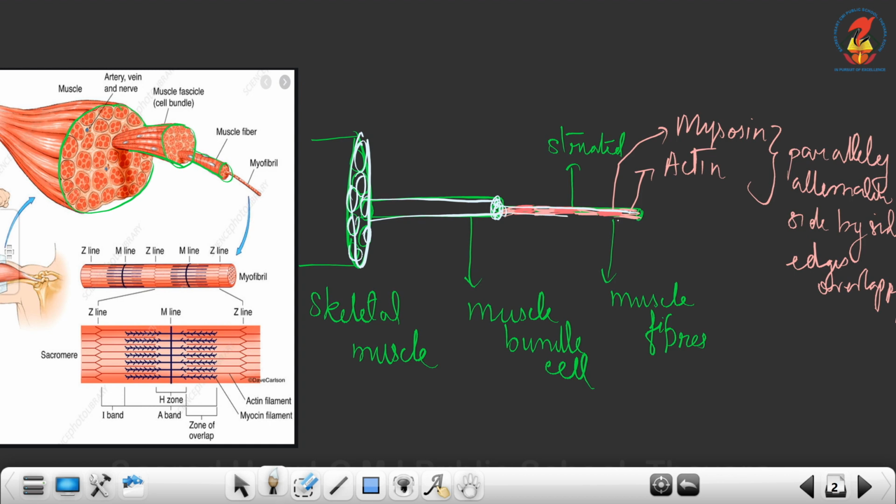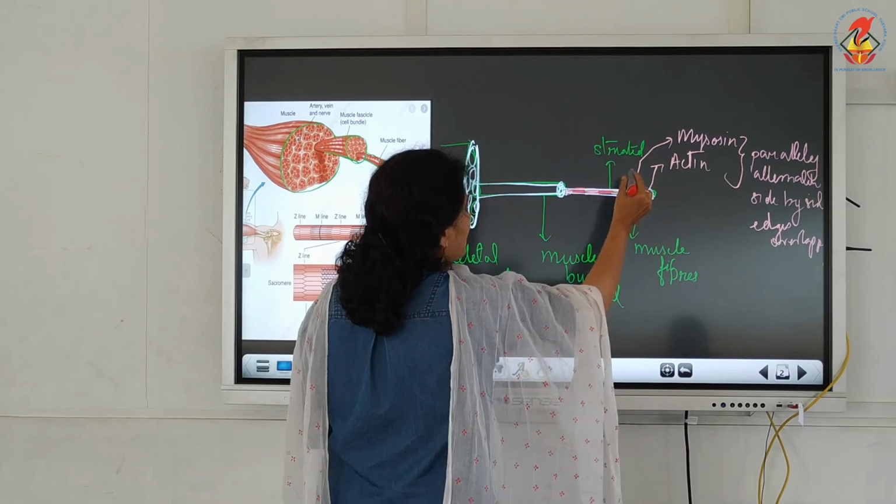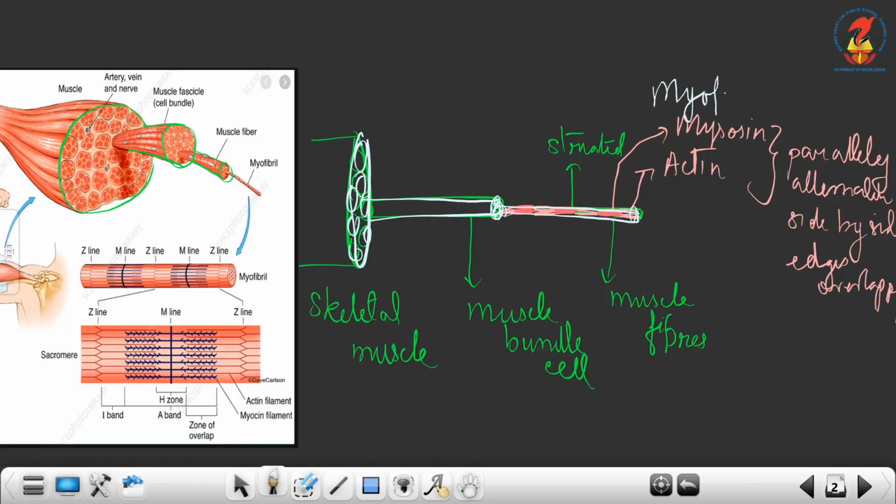I pulled out one muscle fiber, and each muscle fiber, which is the smallest structural and functional unit of the skeletal muscle, comprises thick and thin filaments called myofibrils. They are myosin, which are the thick filaments, and actin, which are the thin filaments. How are they arranged? They are arranged parallelly, alternatively, side by side, with their edges overlapping. So, this is the picture which I pulled out.